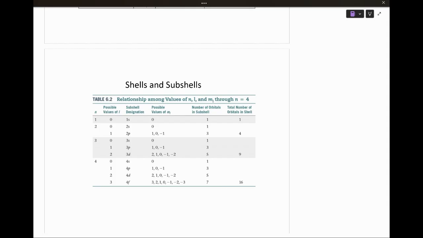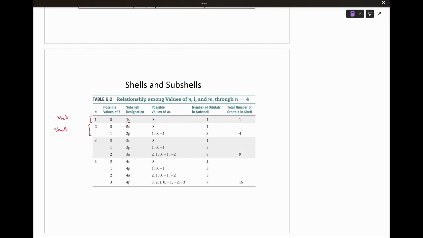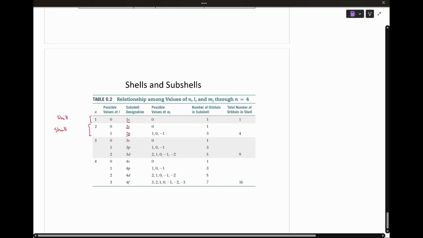So we said if they have the same n value, they're in the same shell. So we have the n equals 1 shell, only has one orbital. That's a 1s orbital. The n equals 2 energy level has 2 possible types of subshell orbitals within it. You can have the 2s and the 2p orbitals.